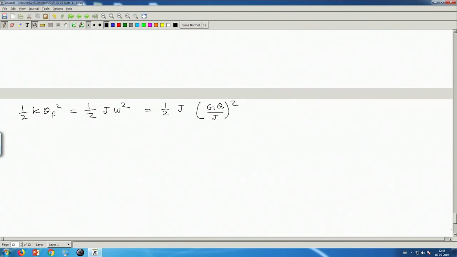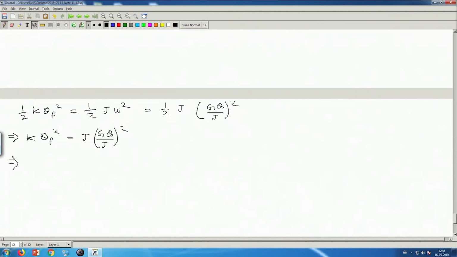Okay. So, now we can cancel this half from both sides, and so we can write k theta f square is equal to J, here we write GQ by J whole square.